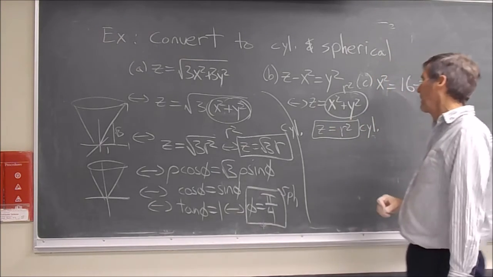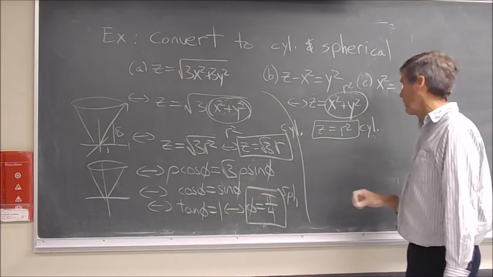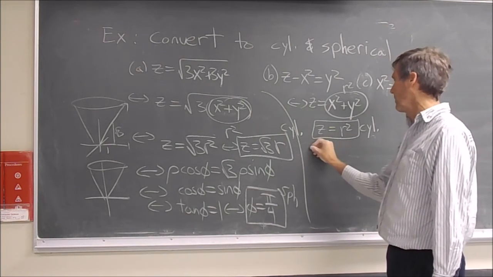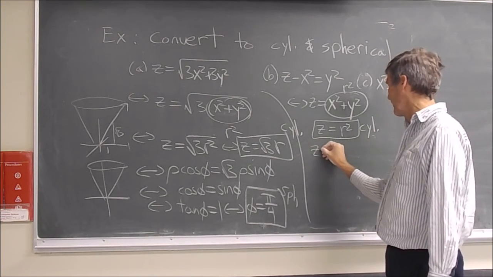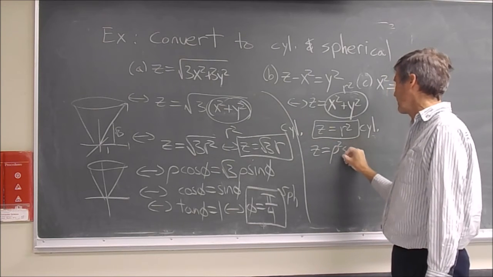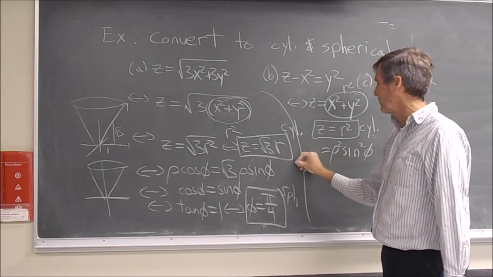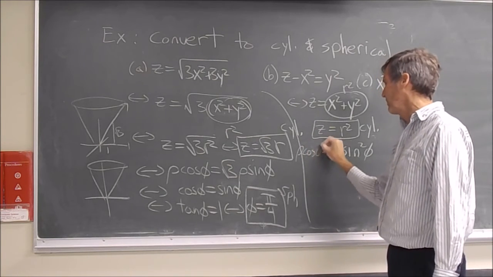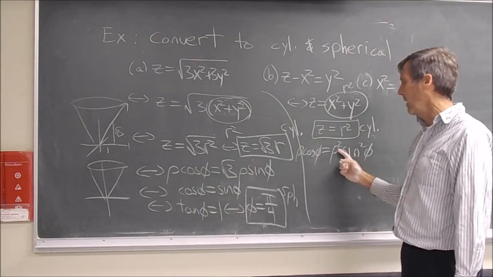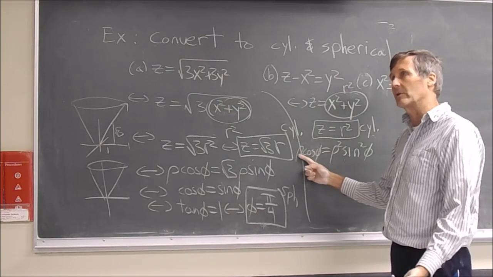Right? Now, can I write that in spherical coordinates? Well, r is rho sine phi, so this is rho squared sine squared phi. And then z can be replaced with rho cosine phi, just by the direct substitution. Now, divide this through by rho, making sure you don't throw out the origin.